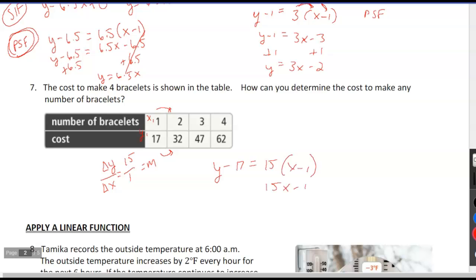So that's 15x minus 15. This drops down. Add 17, add 17. y equals 15x plus 2.